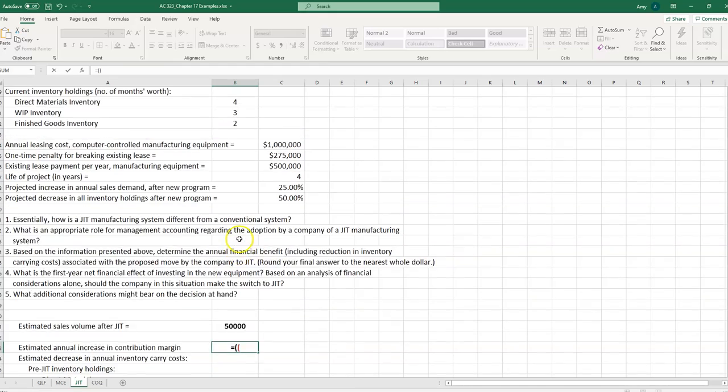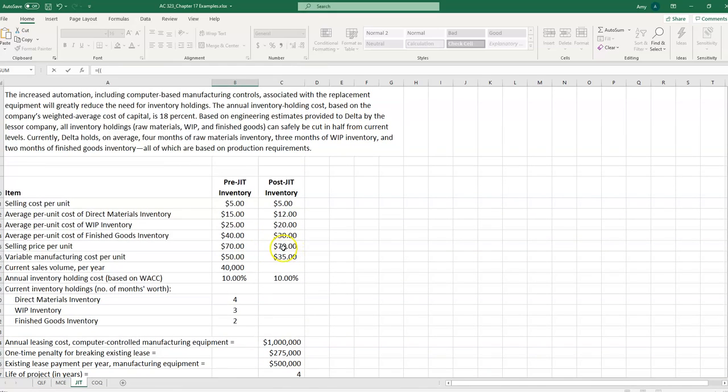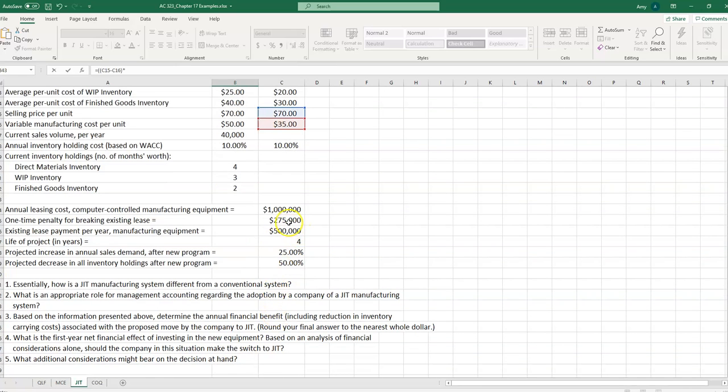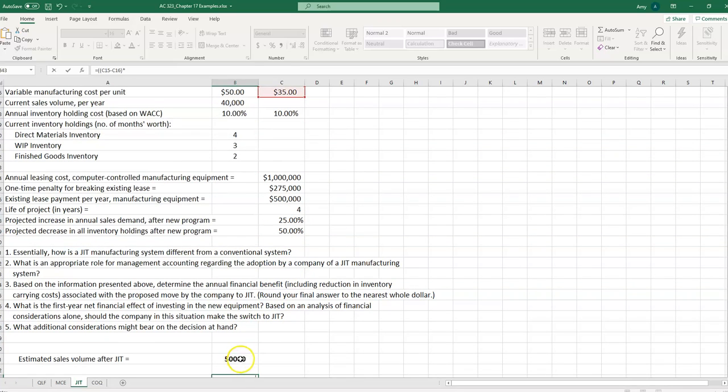So our selling price per unit would be $70 minus the variable cost per unit times this projected forecast of 50,000 units.